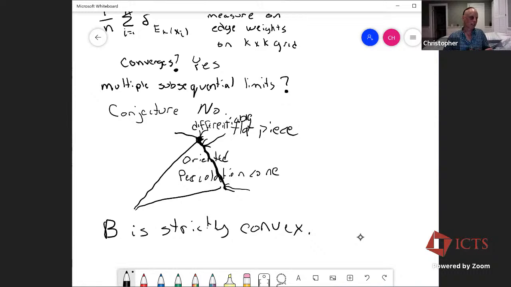Then also, in no direction are there multiple geodesics, and use that to say that the boundary of the limit shape is differentiable. And then I want to use this third conjecture about the limit of the environment along geodesics to say that the limit shape is strictly convex.